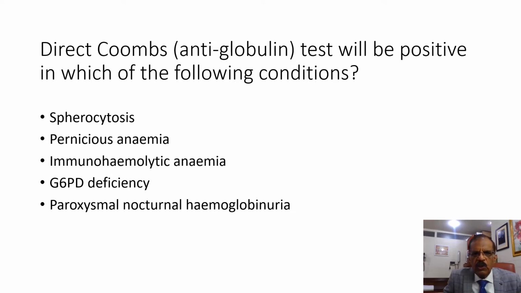I guess this is also easy. Immunohemolytic anemia, because this determines the presence of antibody, and immunohemolytic anemia, as the name says, is because of antibodies formed against some of the RBC antigens. Okay, so far you're doing very well.